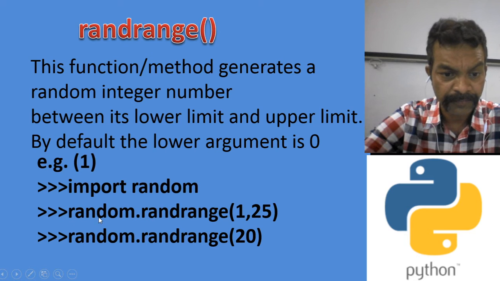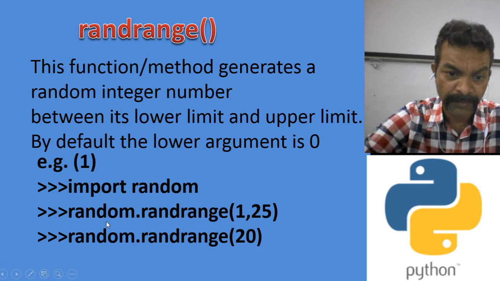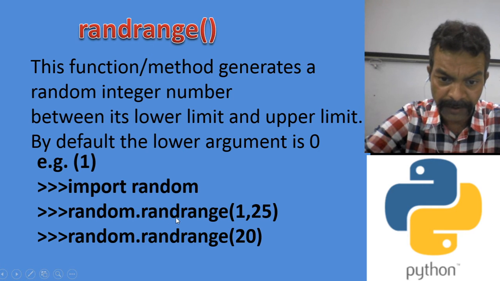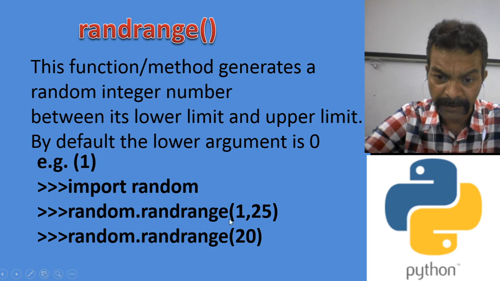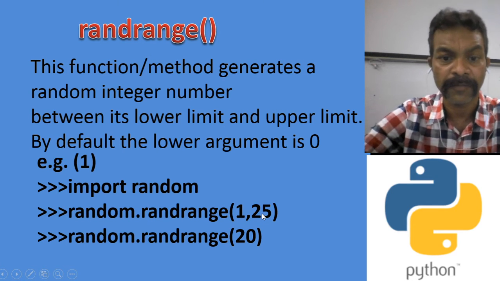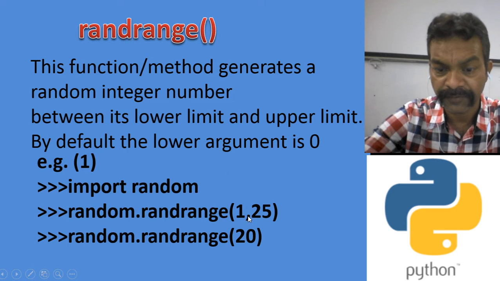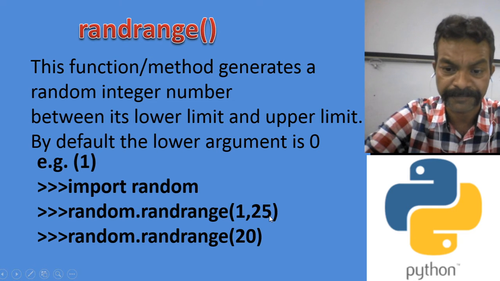Second line: random.randrange(1, 25). From this random module we are calling the randrange function, and we are passing these two parameters, lower limit and upper limit, as we discussed in the definition of the randrange function. The lower limit is 1 and the upper limit is 25.